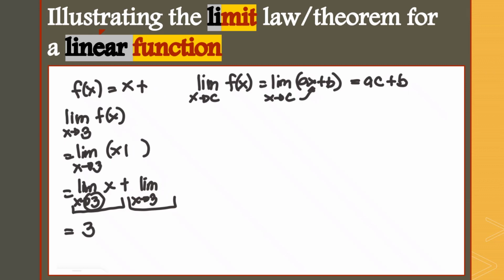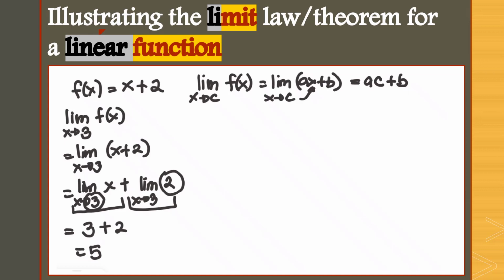Let me use x plus 2. So you have the limit of x plus the limit of 2. The limit of a constant is the constant itself, so plus 2. The limit of this function using the first two limit theorems is just 3 plus 2 equals 5.